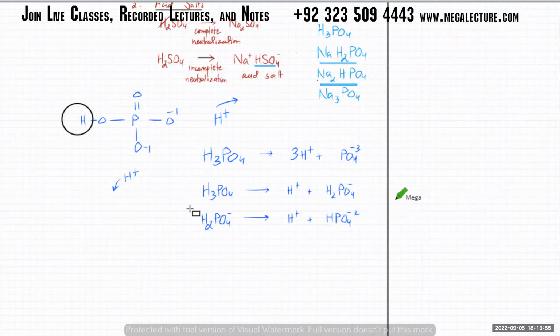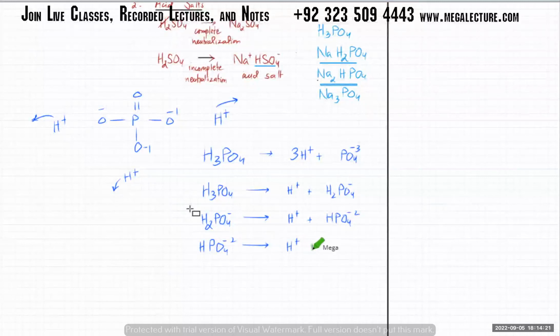Then what will happen is that for the last H plus one also, someone else comes in. So stepwise, it's not happening together. The last H plus one comes in and it also decides to leave. So the one H that was left behind also went away, leaving you with just PO4 -3, right?